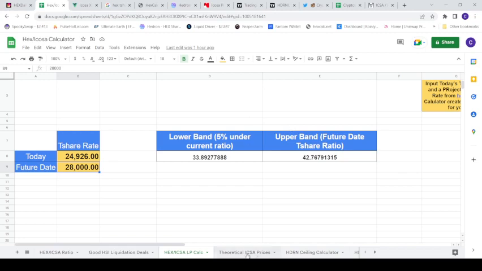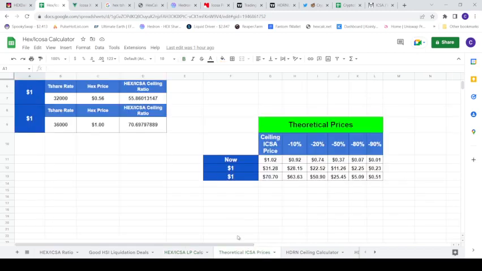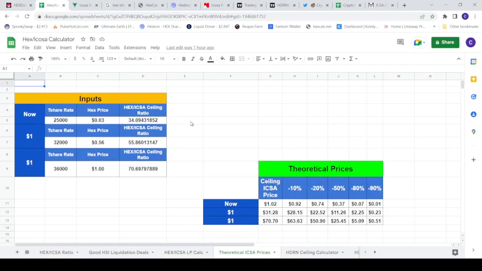Now this next one here is a really interesting one. This shows the theoretical prices for Icosa based on the T-share rate and the price of HEX.